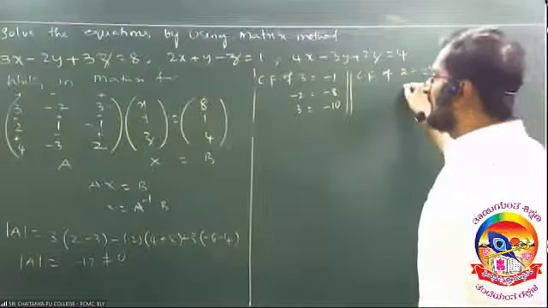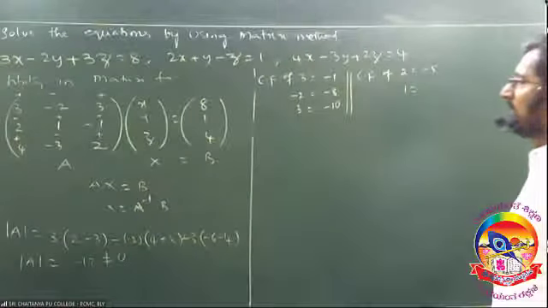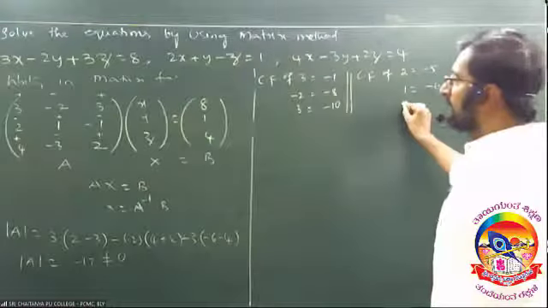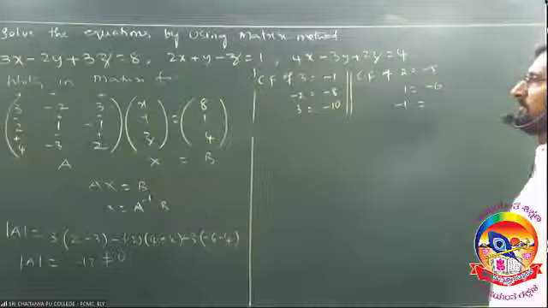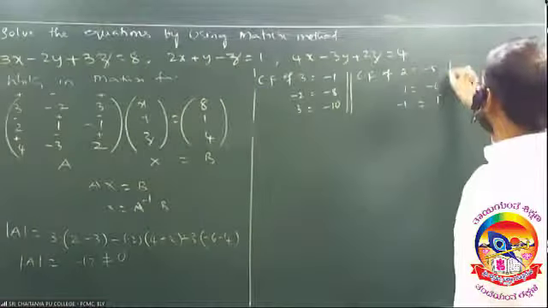Cofactor of that 1, the second element, is equal to minus 6. Cofactor of that minus 1 becomes 1, I think, right?